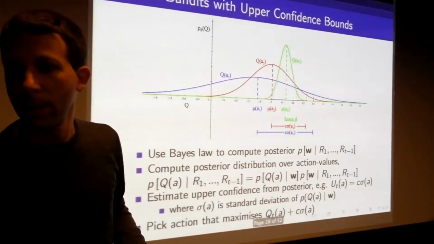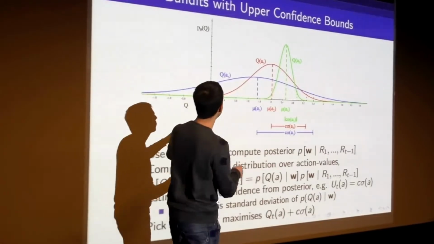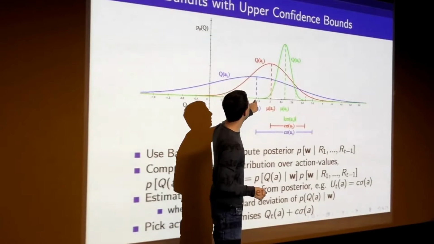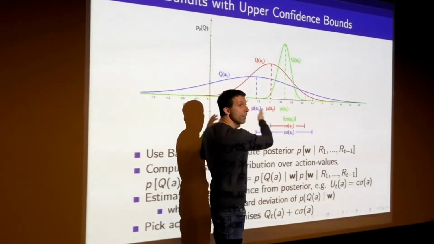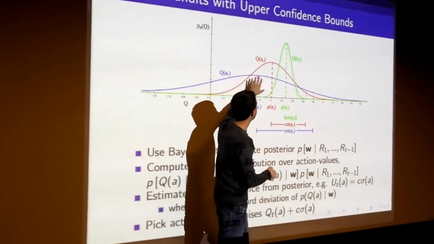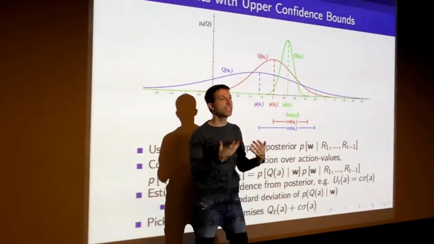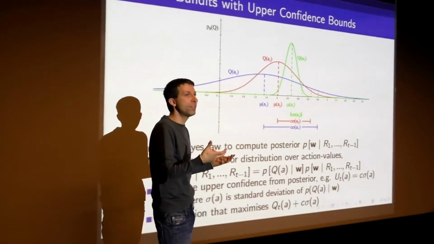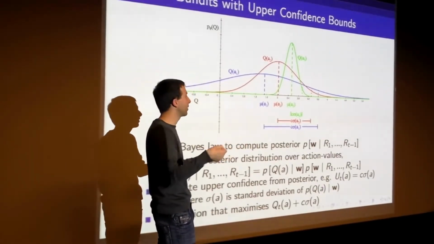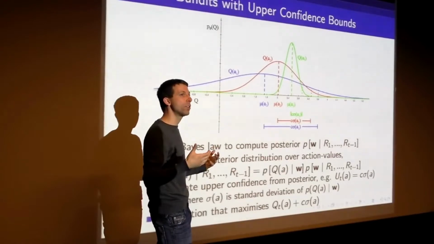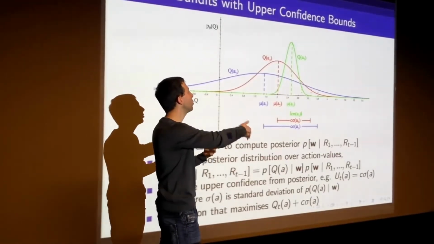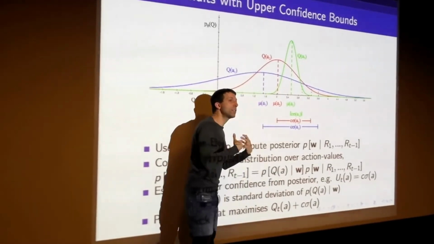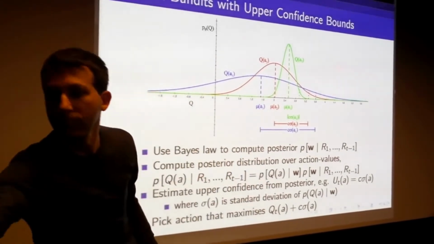So an example would be, let's parameterize our uncertainty over Q by estimating the mean of Q and the variance of Q for this action, and for this action, and for this action. And so you'd have 6 parameters then describing everything we believe about those Q values. We've got the means, which is what we normally track, but also the variances. And so the Bayesian approach literally computes a posterior distribution over what these things look like after the data that we've seen so far. And then it uses that information to make our decisions.